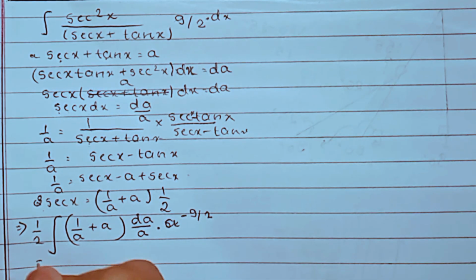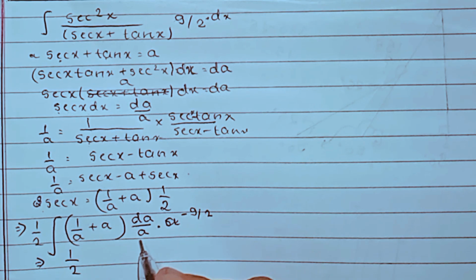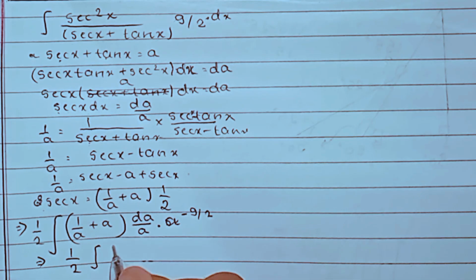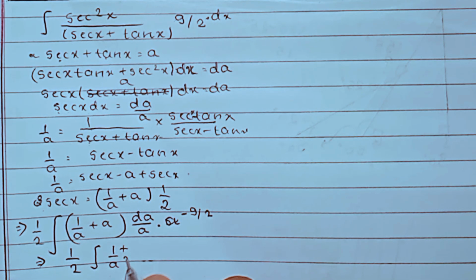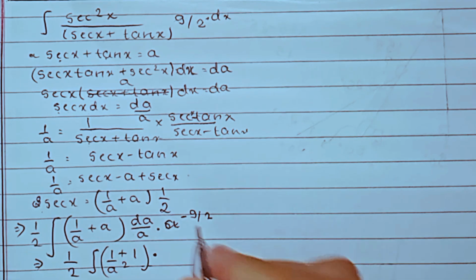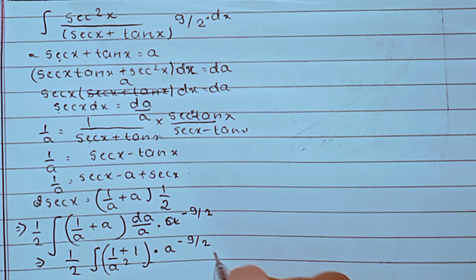So now it's simple: 1 by 2. First let's multiply it by A. So 1 by A into A will be 1, so integration of 1 by 2, and we will cancel A, so we'll get 1 into A to the power minus 9 by 2 into dA.